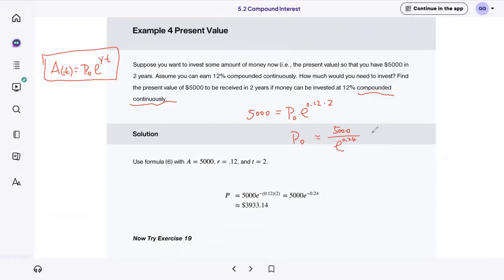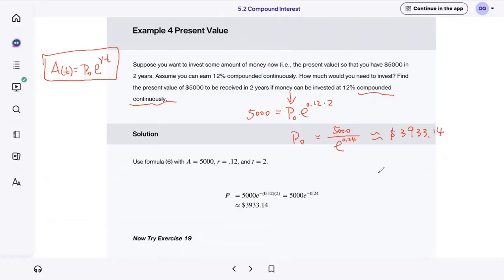Just plug into the calculator. That's about $3,933.14. We don't really need to get into the negative exponent or another formula. We can still use the previous formula, because the only difference is we're finding how much money we need to deposit now.